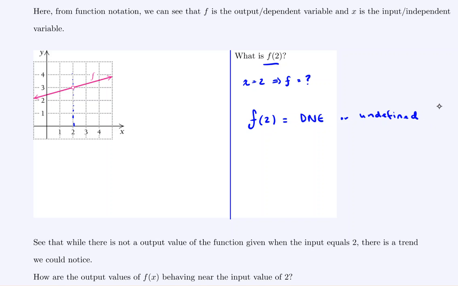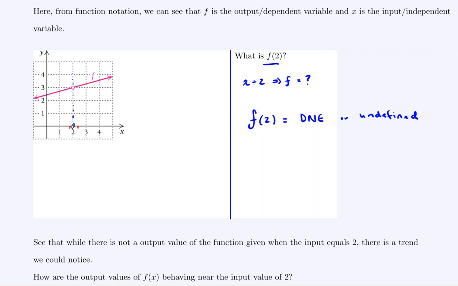Now focus on this. If all you were told is this and you couldn't see the graph, pretend the graph is gone, do we see that this gives us very little information other than at that exact point, at 2, there is no point? But it doesn't tell us what was happening very near to 2, because actually if you look at the graph, there's a trend. For instance, consider the x values here to here.